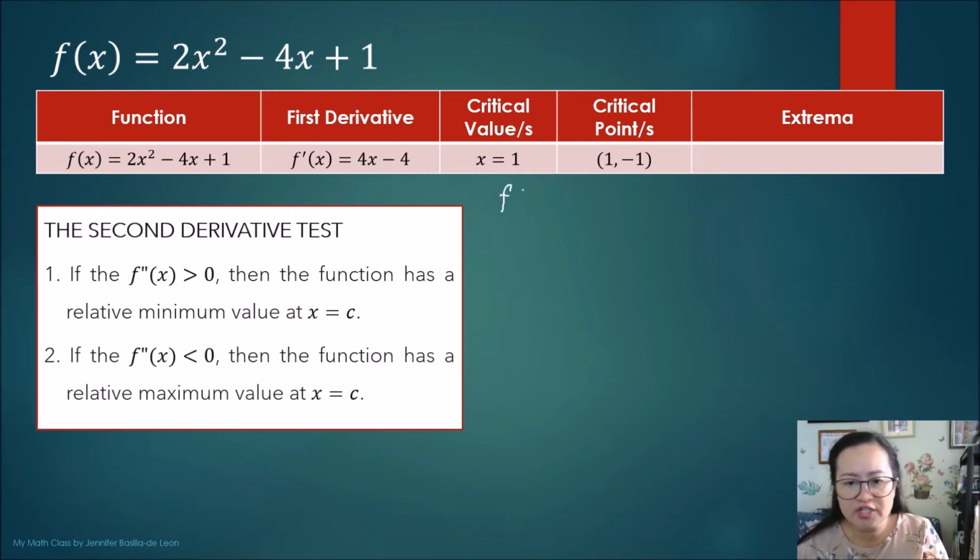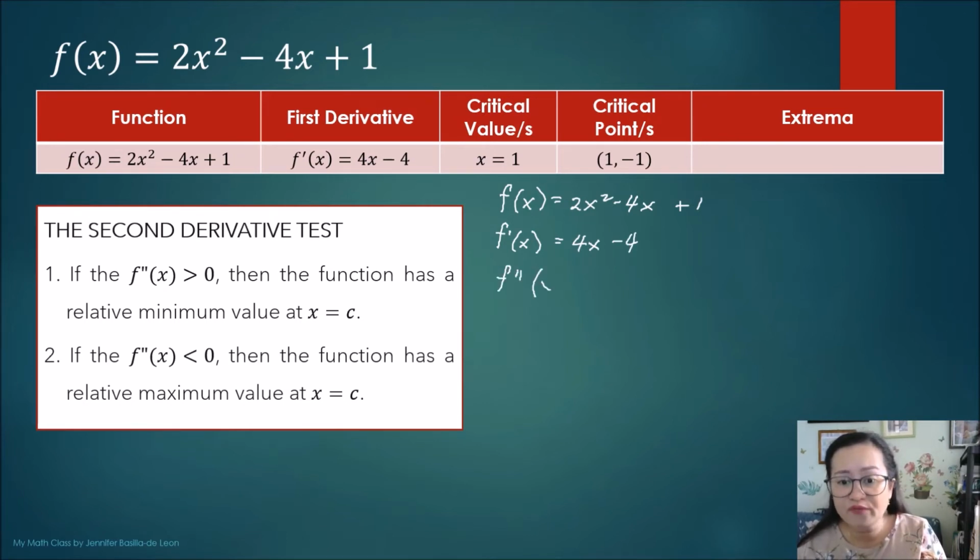The function is f of x equals 2x squared minus 4x plus 1. The first derivative of the function is 4x minus 4. Now we get the derivative of the first derivative in order to get the second derivative. Then we will have 4.